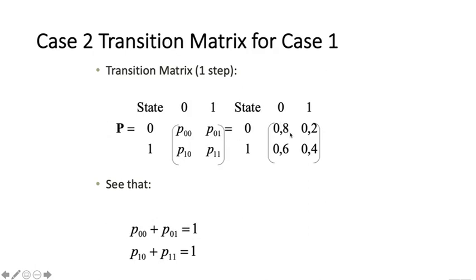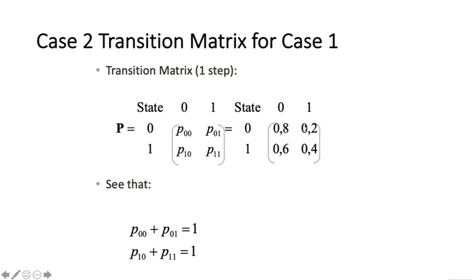So p00 is 0.8. If today is dry and tomorrow is also dry, it is 0.8. But if today is dry and tomorrow will be raining, then it becomes 0.2. So it makes sense, right?